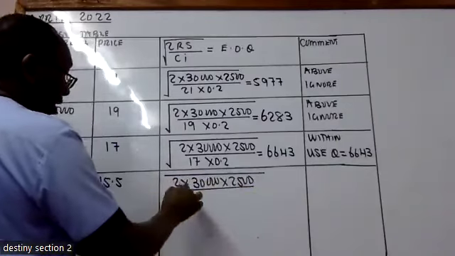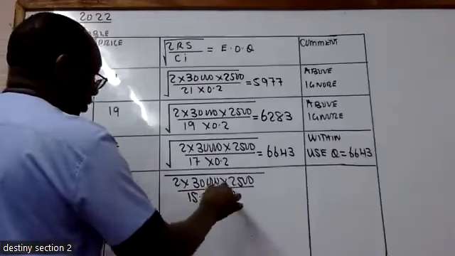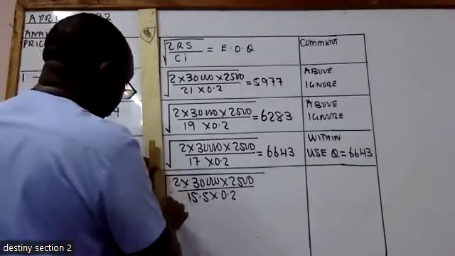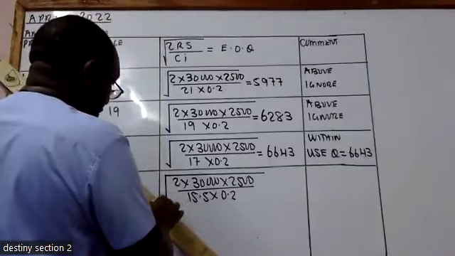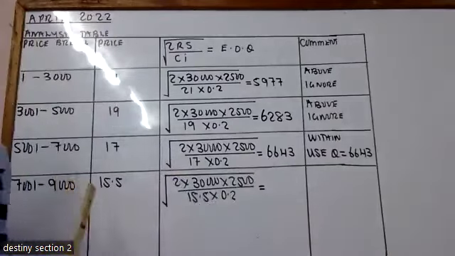I divide by 15.5 times 0.2. So give me the answer there.